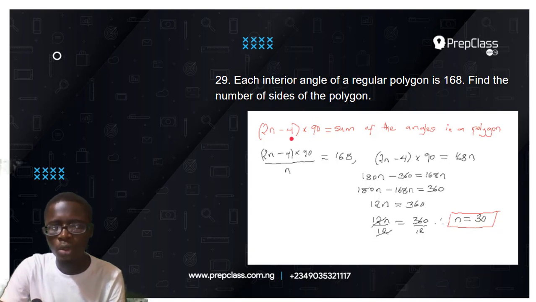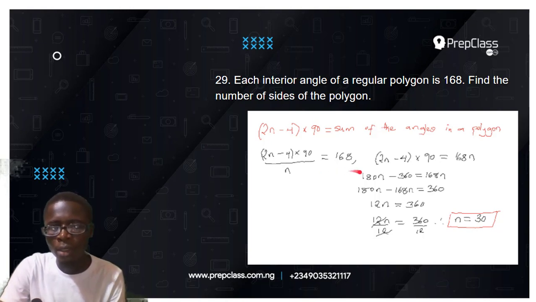Another formula that can also be used is n minus 2 times 180 to still give you the same answer. I choose to use this formula here, not that there is any special attachment to it, but it is a prerogative that I happen to decide on my own. And that's one of the privileges you get in mathematics. You pick any option or approach that you deem fit.